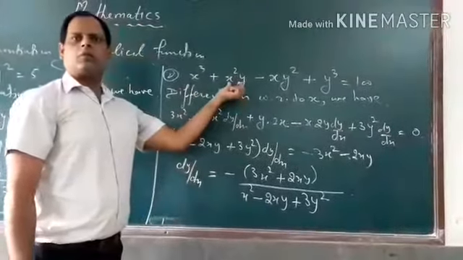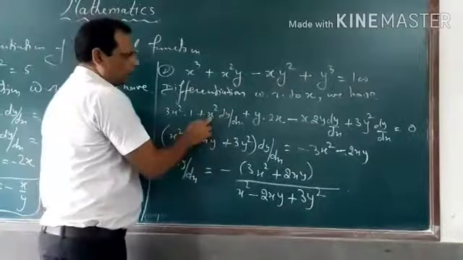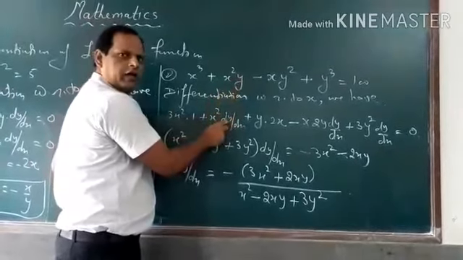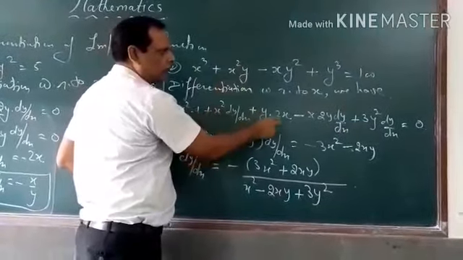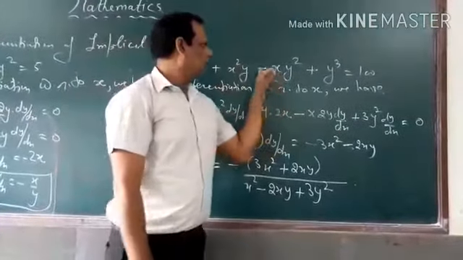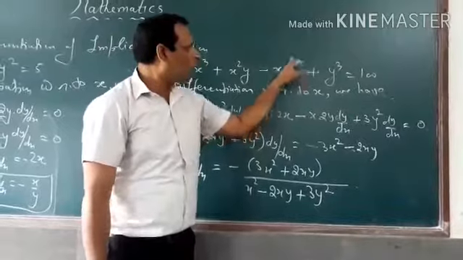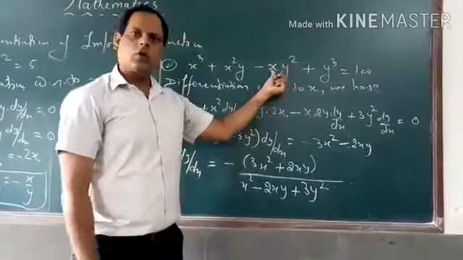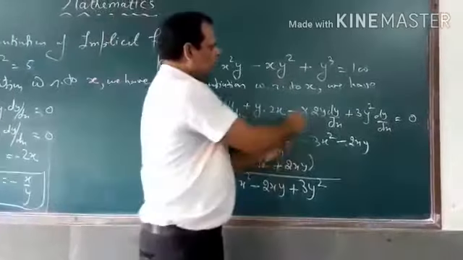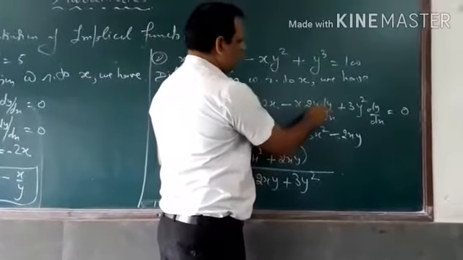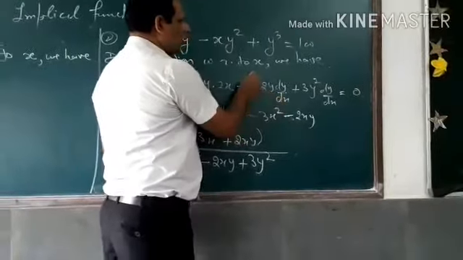Now we use the product rule: x square times differentiation of y, dy upon dx, plus y times differentiation of x square, 2x, minus x y square. Again two variables are given, so we apply the product rule here: x times 2y dy upon dx, use the bracket here.